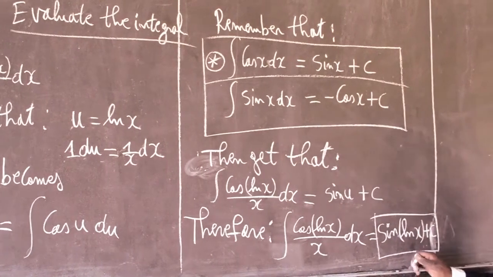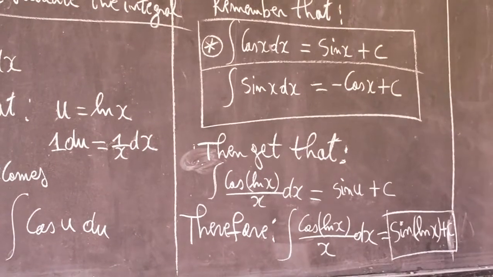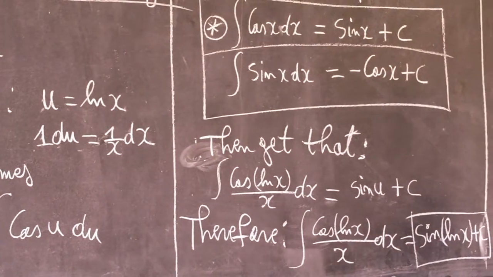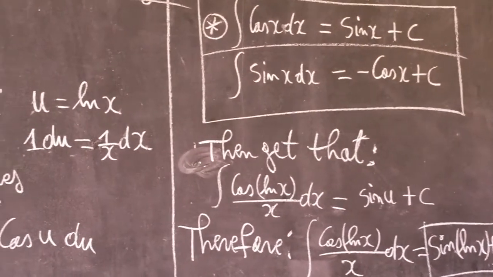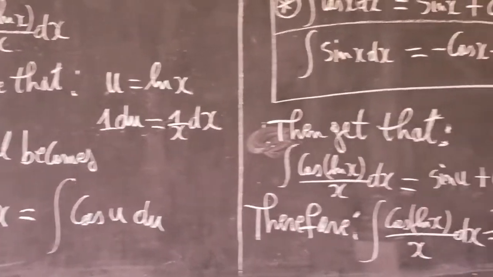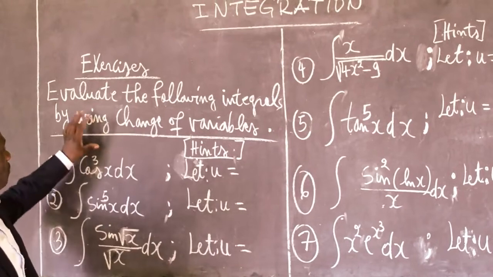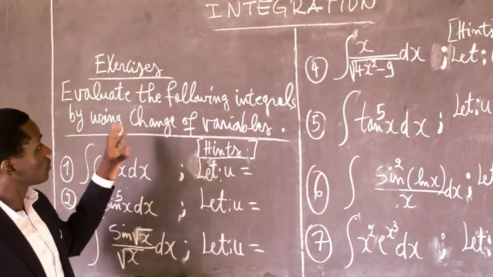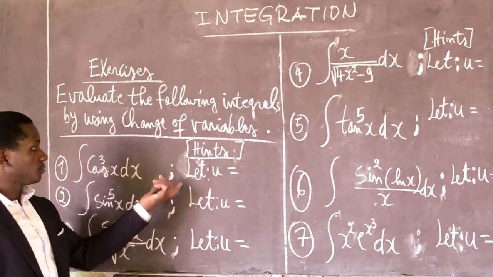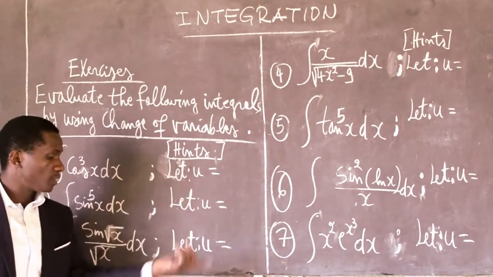So the remaining is the exercise that you will do so that you get more accuracy concerning this topic. About the exercise, for more practice, you will continue with these exercises concerning integration by using the change of variable method.